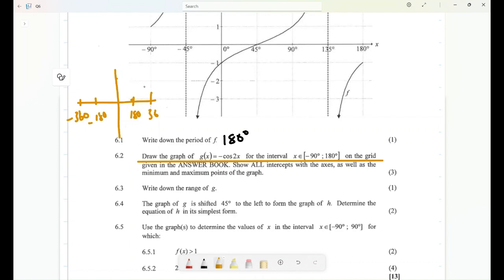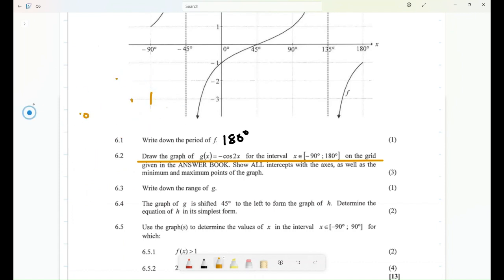But now, what happened is that it has a turning point at 180. Can you see now I have a 2x? That 2x is a period effect. But now I have a negative, so it means now my graph will shift to be like this. It still has an amplitude of 1.